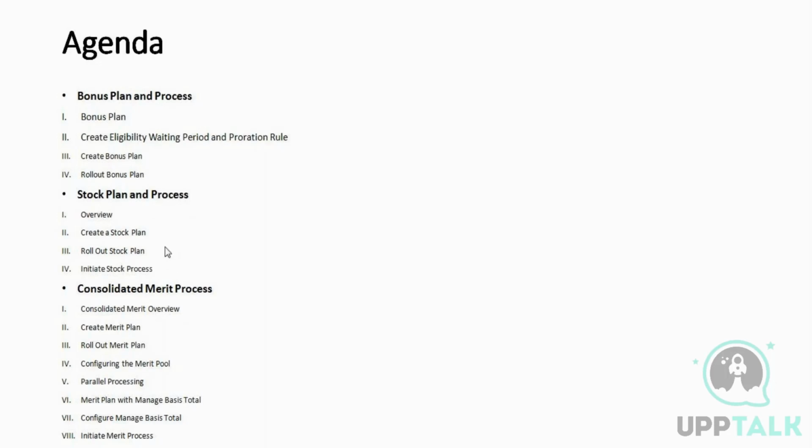Whatever you're learning in the previous sessions, you'll be consolidating all those plans and initiating a complete process, and publishing that process to employees, so that the employees really get their new compensation, revised salary, and revised bonus amount that we are allocating. That will be part of your consolidated merit process, which you'll be doing in advanced compensation.